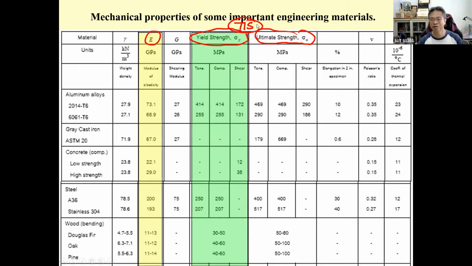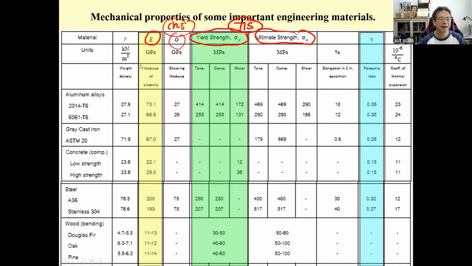There are also some other important ones. One is going to be the Poisson ratio. We will talk about this later. Another one is going to be the shear modulus of elasticity. We will use this one in chapter 5, but we will talk a little bit about it before the end of this chapter.